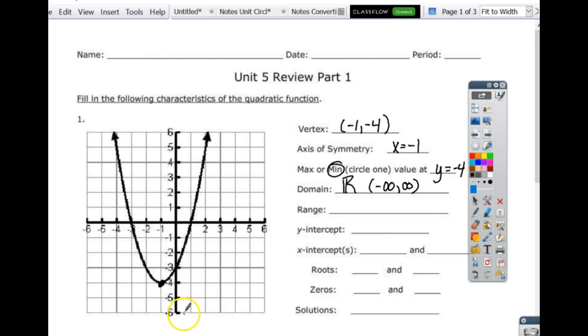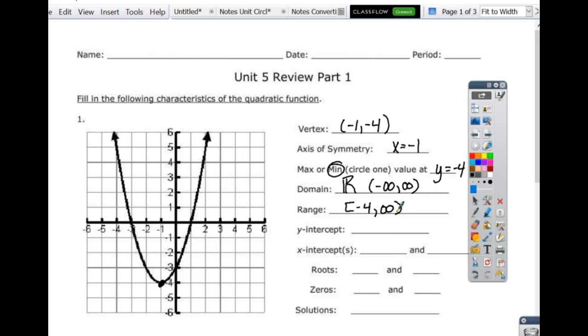And the range here would be bottom to top. So the bottom this time is -4 to infinity. And the -4 is always my k value, okay? So the range always goes with the y value. And if it's bottom like this, the -4 goes first.